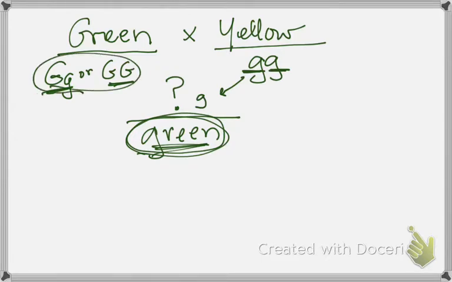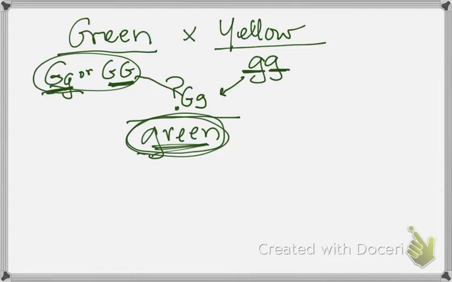The other parent, the green parent, depending upon what its genotype was, could have given a big G or a little g, right? But we know which gamete it gave. Big G. It doesn't give two, right? It only gave one. And why do we know it had to have given a big G? Because it's green. So genetics problems can get really fun. Here's the limitation.